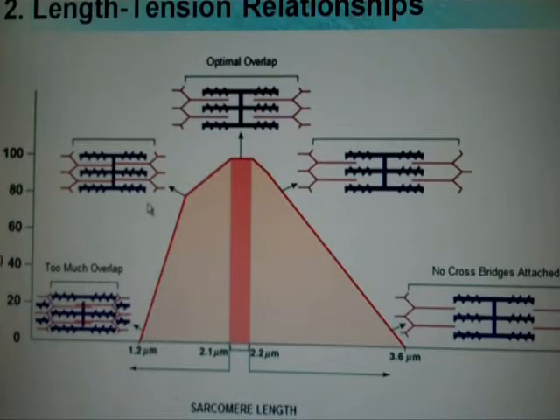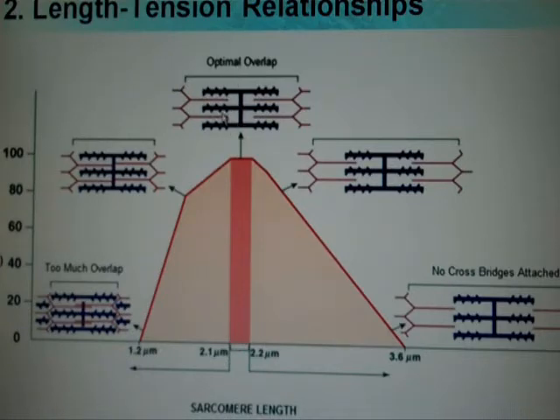Here we have a little better length-tension relationship, but it's still too much. It's still too much overlap. So we are able to generate a little bit more force, but we're still not close to our maximum force that we can generate. Here we have an ideal length-tension relationship.